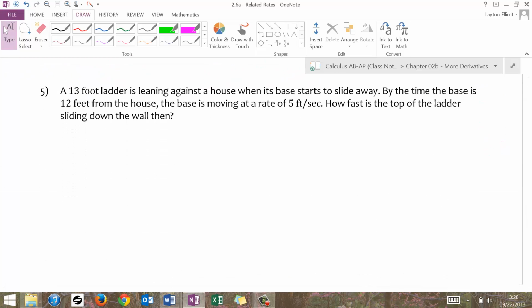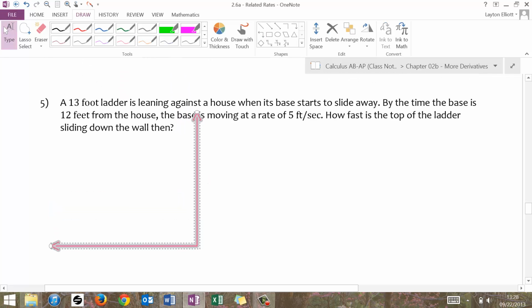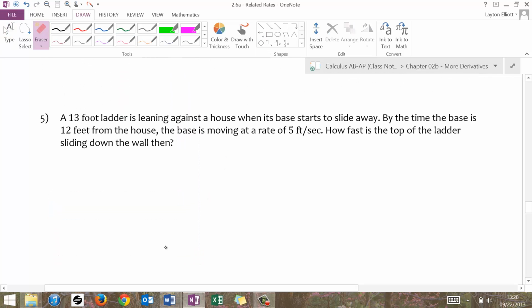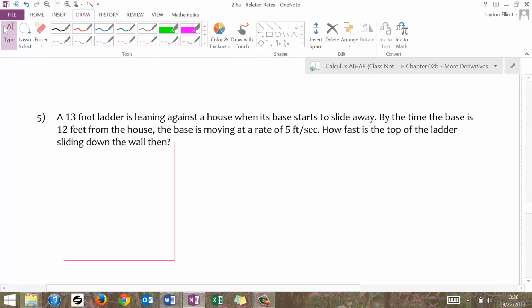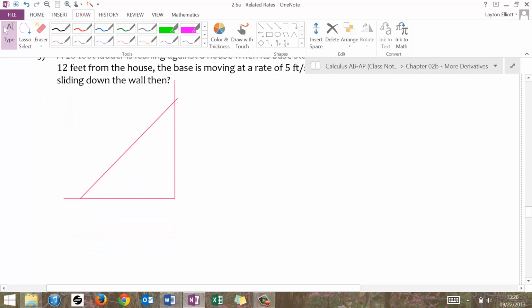13-foot ladder leaning against a house. So if I draw this out, oh, I don't need the arrows. There we go. And we have a 13-foot ladder leaning against the house, so I'll put something like that. That's fine.